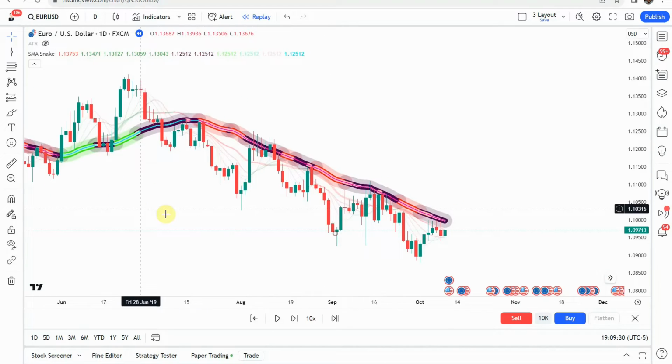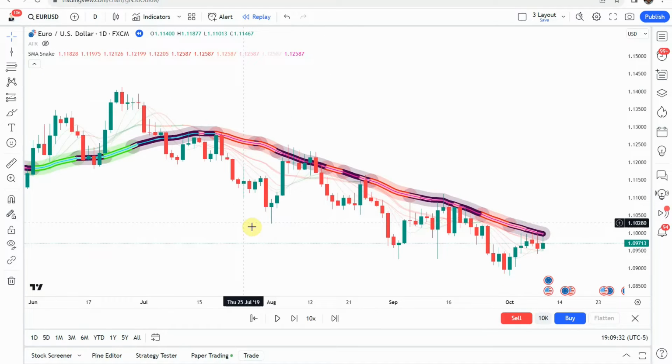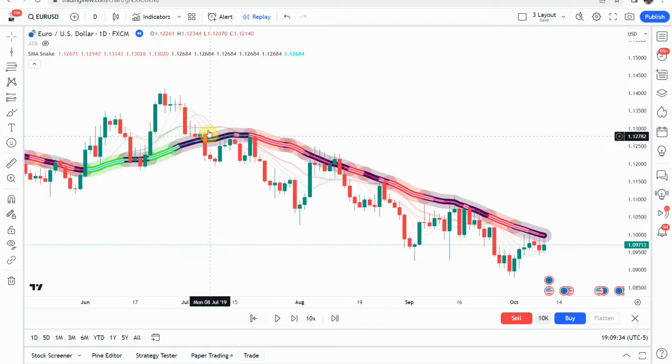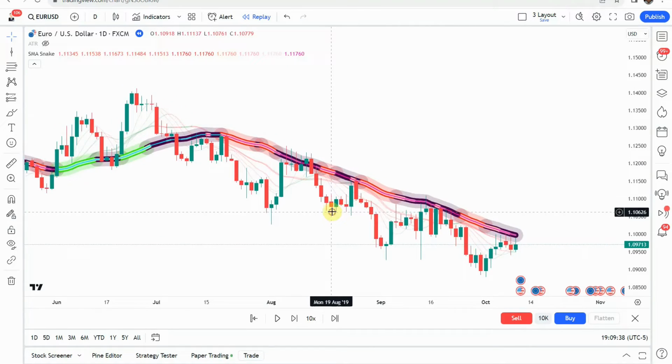And so basically the snake indicator takes moving averages of multiple different time frames and displays a main line right here. The main snake line, I guess you could call it, is telling you basically where the confluence of these different moving averages are taking place.